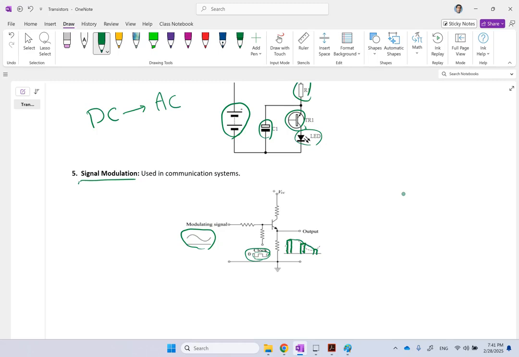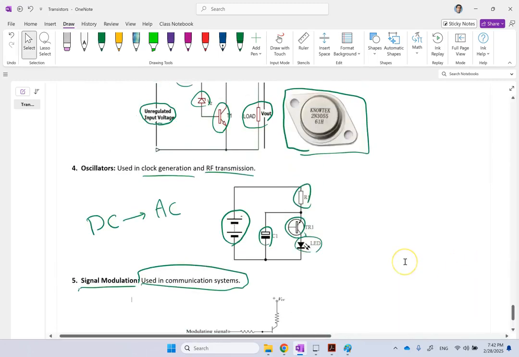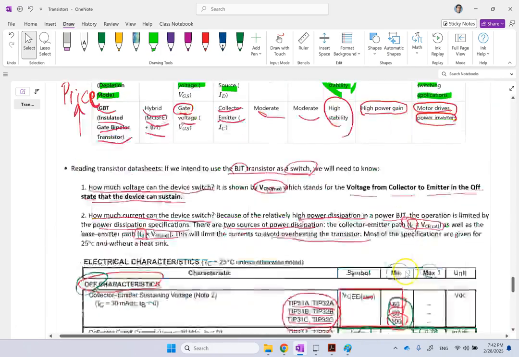So if you connect these peaks together, the shape that it generates is this modulating signal. Okay, so you want to modulate this pulse and get this modulated signal, which is used a lot in communication systems. And again, my goal is not to go over that, but these are some common applications.